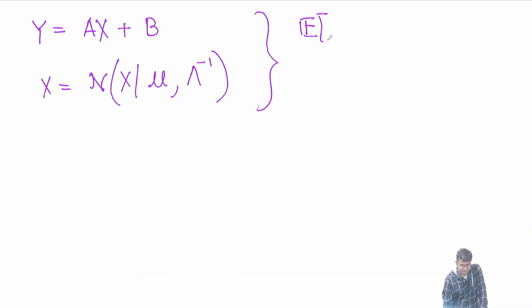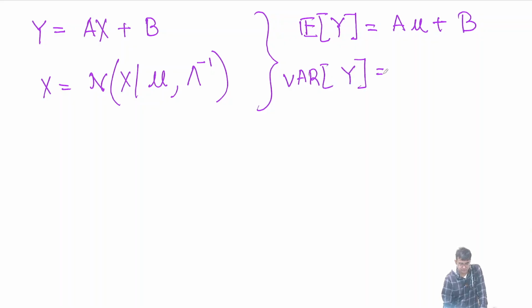Expectation of y is equal to A expectation of x, which is mu, plus b. What is variance of y or covariance of y, whatever you want to write? A, not A square. A is a vector or matrix, I had not said, right? I can write it covariance and that is better.